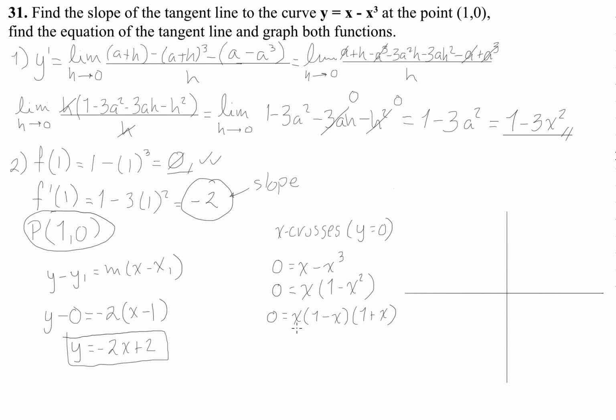Now we have three factors that are equal to 0: x equals 0, 1 minus x equals 0, 1 plus x equals 0. So the three values, or the three x crosses, will be x equals 0, x equals 1, and x equals negative 1.